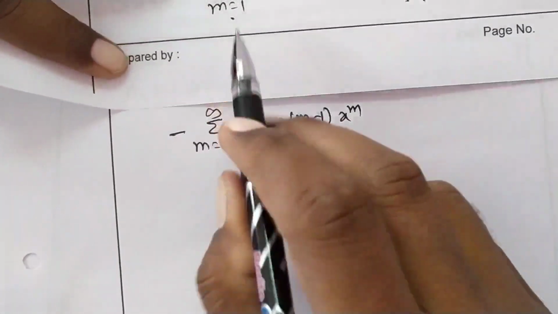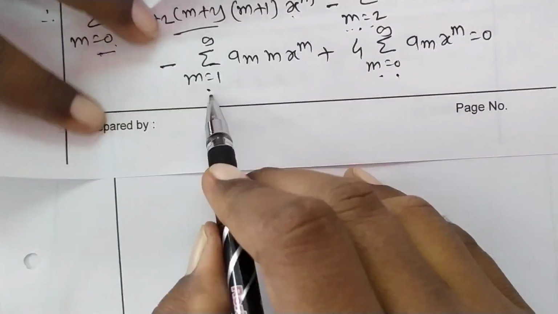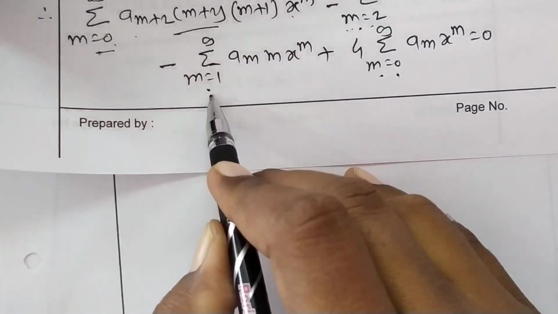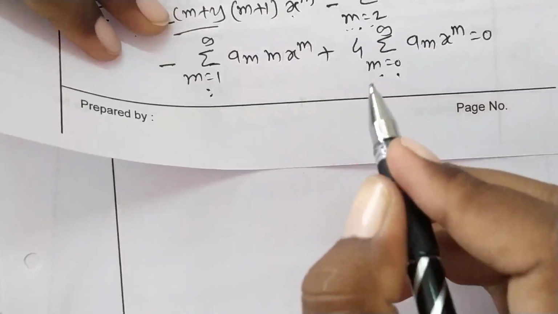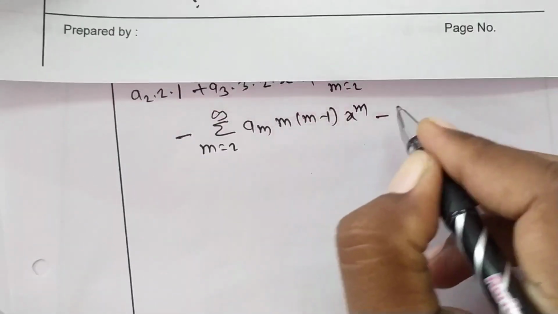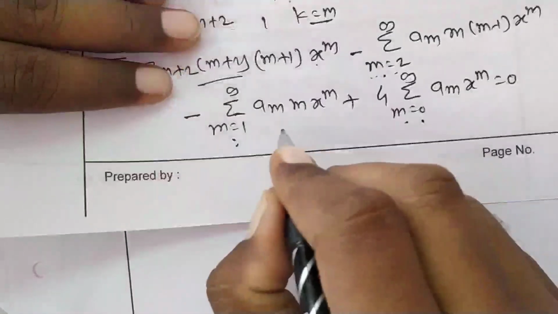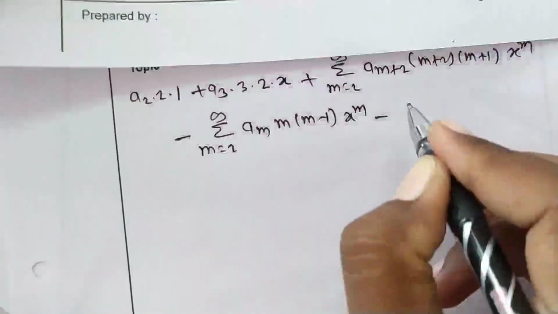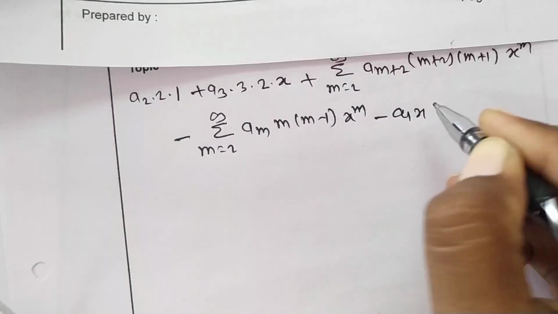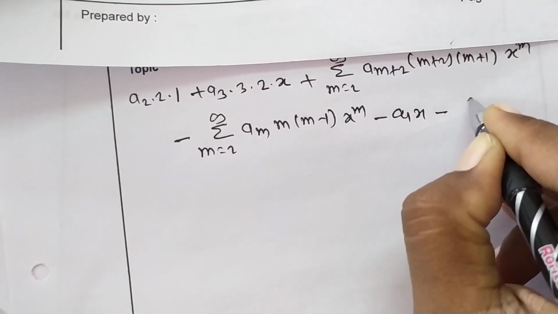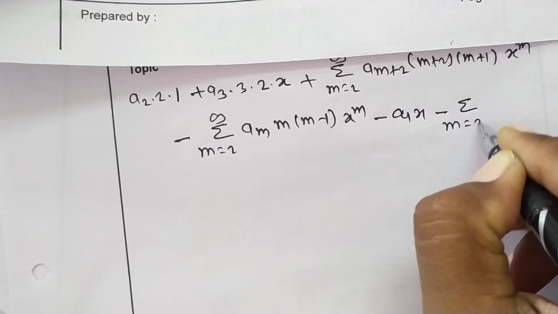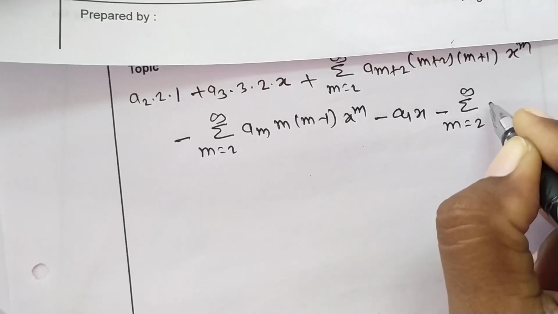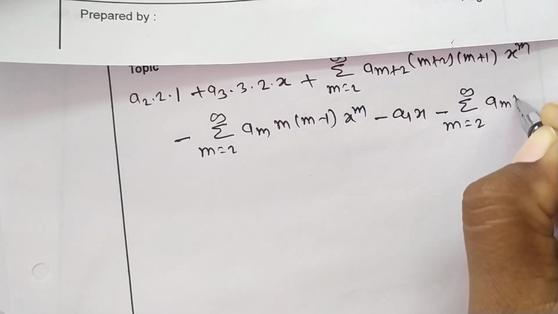Then in the third series, here m starts from 1, but we want m from 2, so expand this series for m equal to 1. So minus, m equal to 1 if you put here, then we will get a1 into 1 x, means minus a1 x, and for m equal to 2 we can write minus summation of m varies from 2 to infinity, a_m m x to the power m.